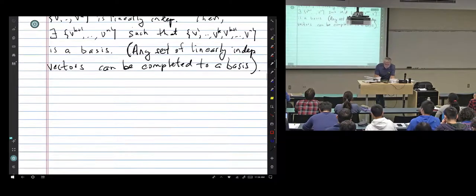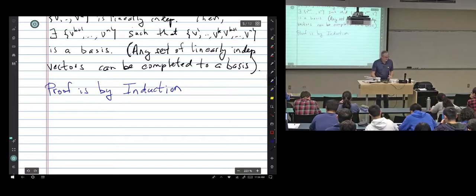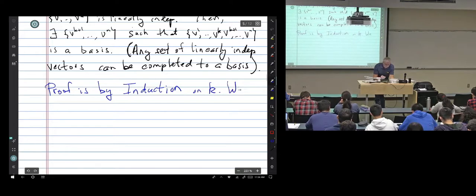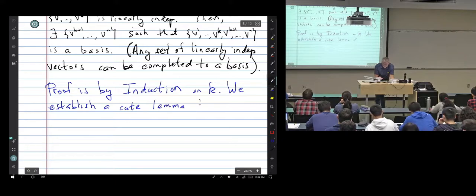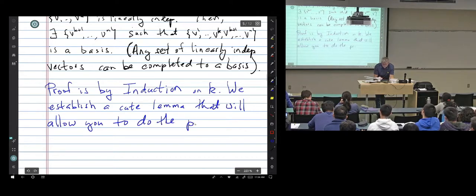Okay, so the proof is, as you would guess, by induction. We establish a cute lemma that will allow you to do the proof by induction.